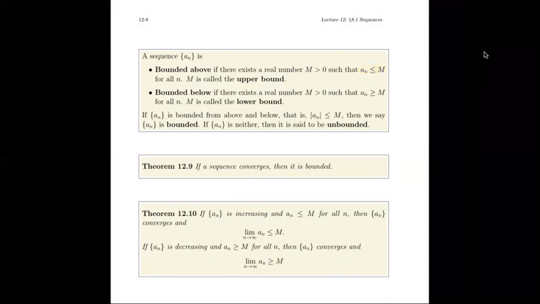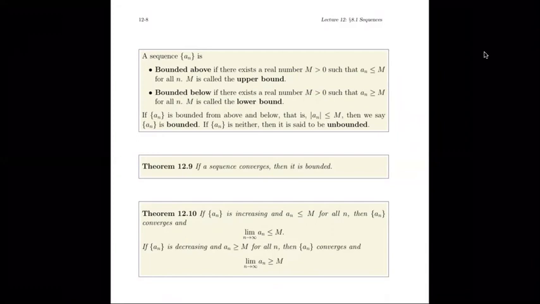Similarly, a sequence is bounded below if all of its terms are greater than or equal to some real number m. In this case, we're using real numbers that are greater than 0. This is useful for sequences whose terms are all greater than 0. And generally, we'll be able to angle things to work out in that way for us. And we'll see that later on when we start to look at series.